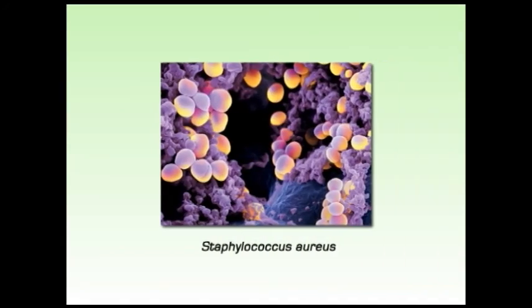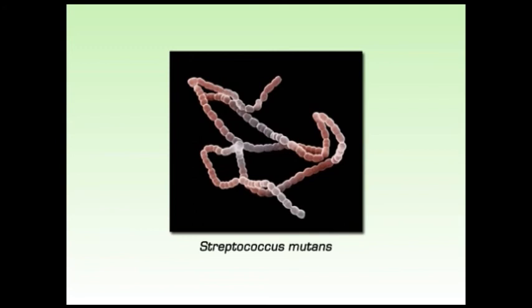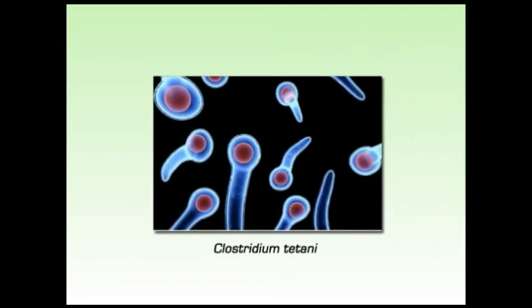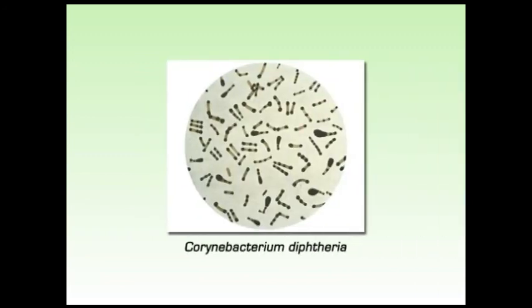The mode of reproduction is by means of transverse binary fission. Some of the gram-positive bacteria include Staphylococcus aureus, Streptococcus mutans, Bacillus anthracis, Clostridium tetani, Corynebacterium diphtheriae, and so on.